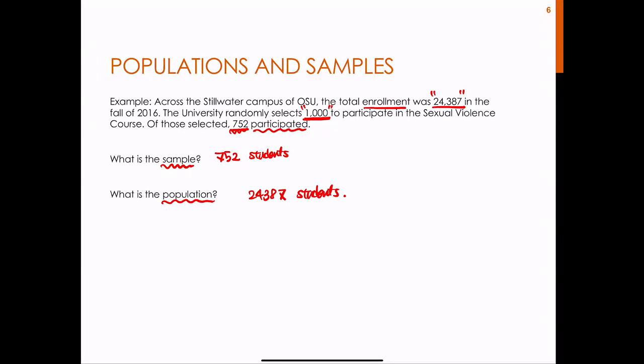So if you have any questions about the population and samples relationship, you can freely use the discussion board in our Canvas. For example, if you have any specific research question or hypothesis, you can describe your situation, and say this is the population and this is the sample.